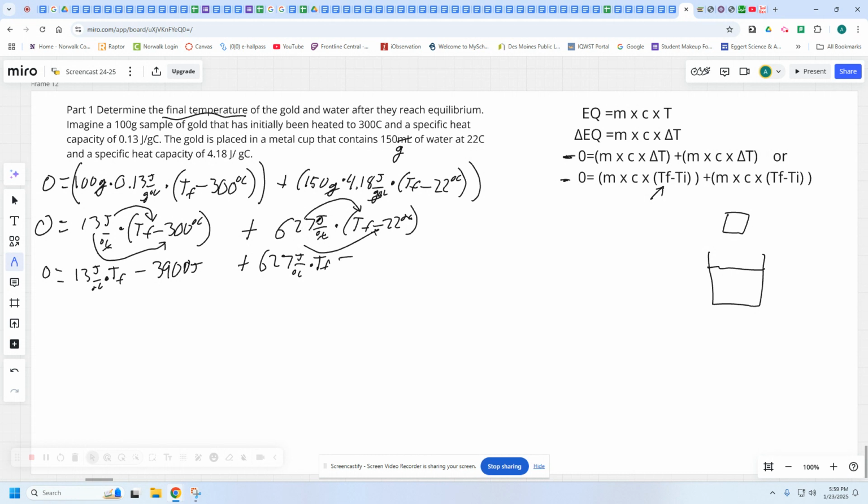And if you take 627 times the negative 22, you should get approximately 13,794. Again, if you didn't pause the work and try it on your own, pause it and try these steps on your own before I get further along.